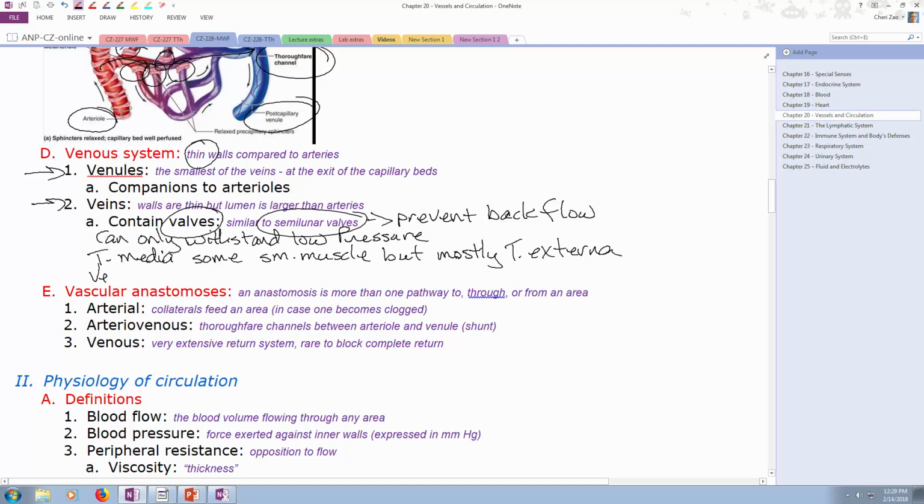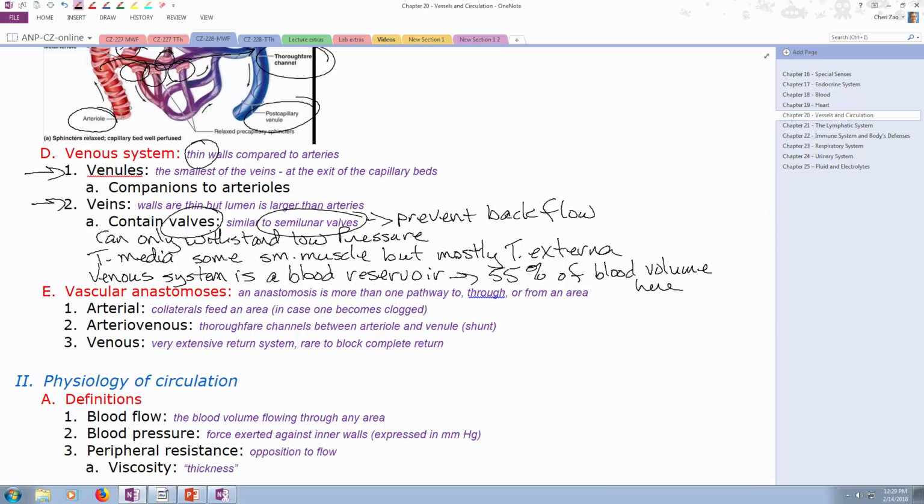Our venous system, the venous component of our vascular tree, is a blood reservoir. We have at least 55% of our blood volume in the venous system. So the bulk of our blood is actually on the venous side.